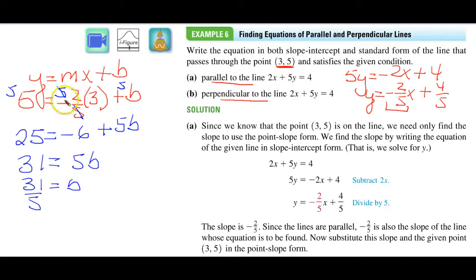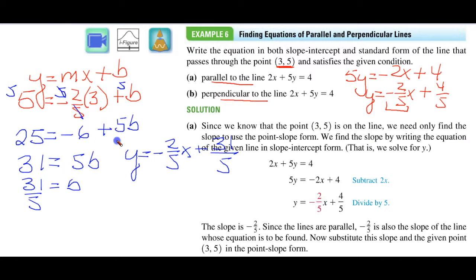So going back to this equation, we have y equals negative 2 fifths x plus 31 fifths. And again, we want to get rid of the fractions. That would be in slope-intercept form.